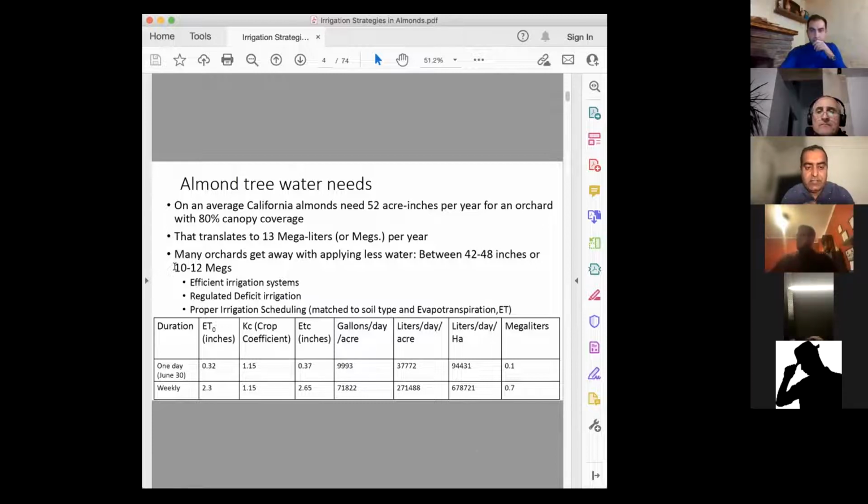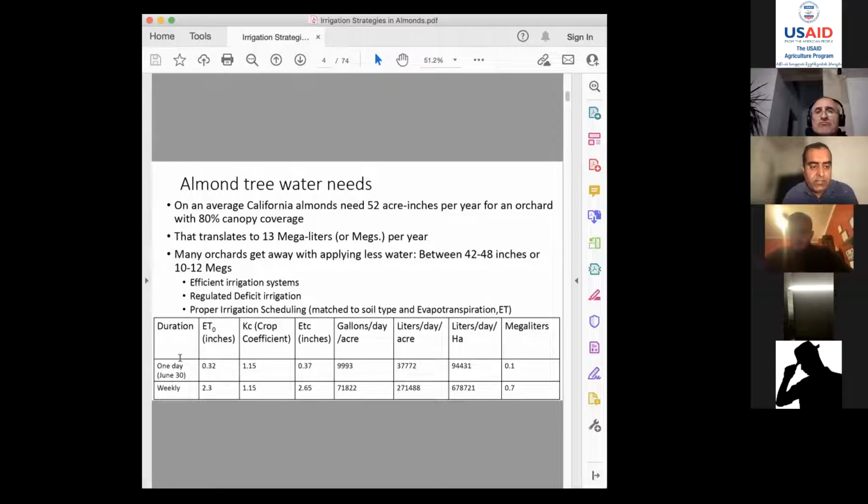Regulated deficit irrigation is basically applying less amount of water during some of the crop growth stages. And then a big part of this irrigation strategy or irrigation scheduling is basically matching the soil type and evapotranspiration demand and doing the irrigation scheduling in a very fine-tuned and proper way so that we avoid over irrigation, but we also avoid water stress, too much water stress.